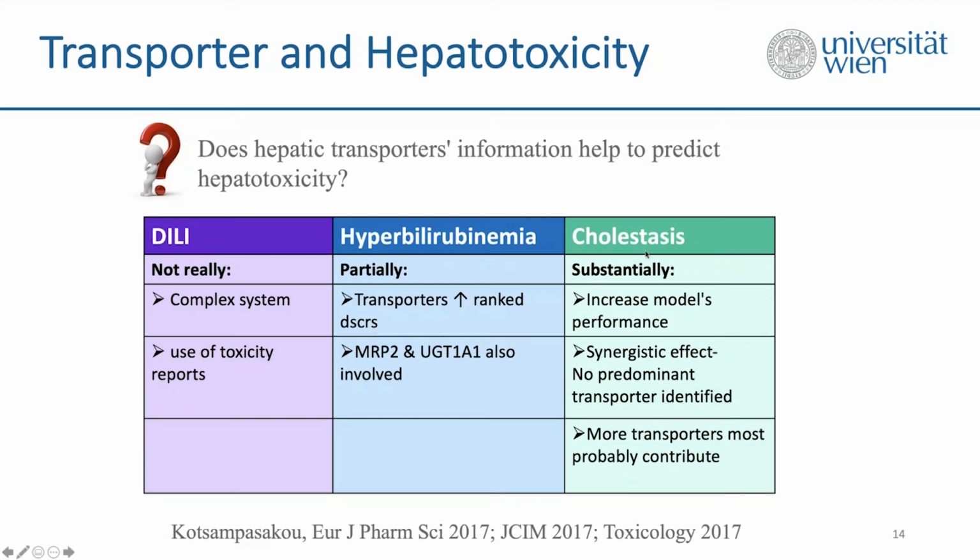And in cholestasis, the model significantly became better than when just using physicochemical descriptors as feature set. So in that case, when adding predicted transporter interaction patterns, the cholestasis model just became more robust. Interestingly, it was not only BSEP, it was the whole panel we needed to get a significantly better model. So this is how we currently combine transporter informatics with computational toxicology.